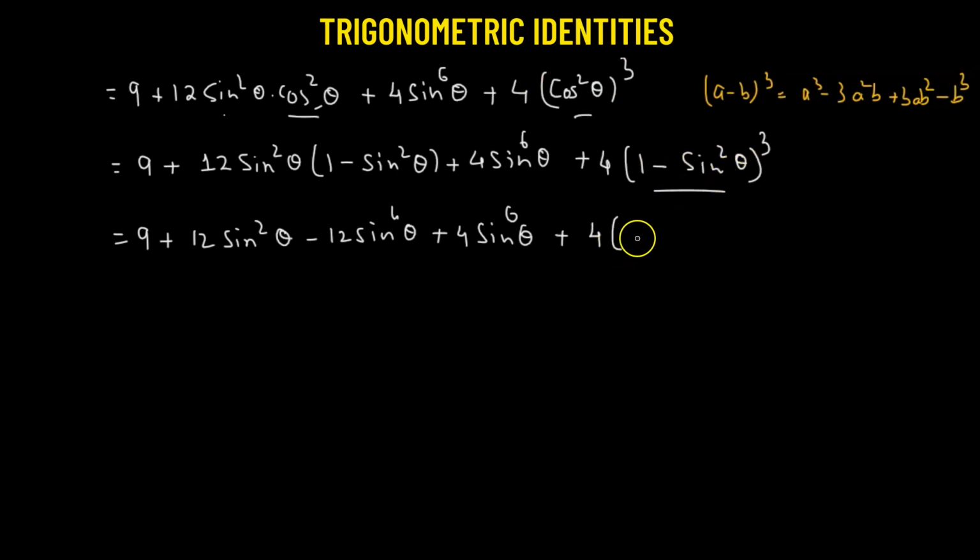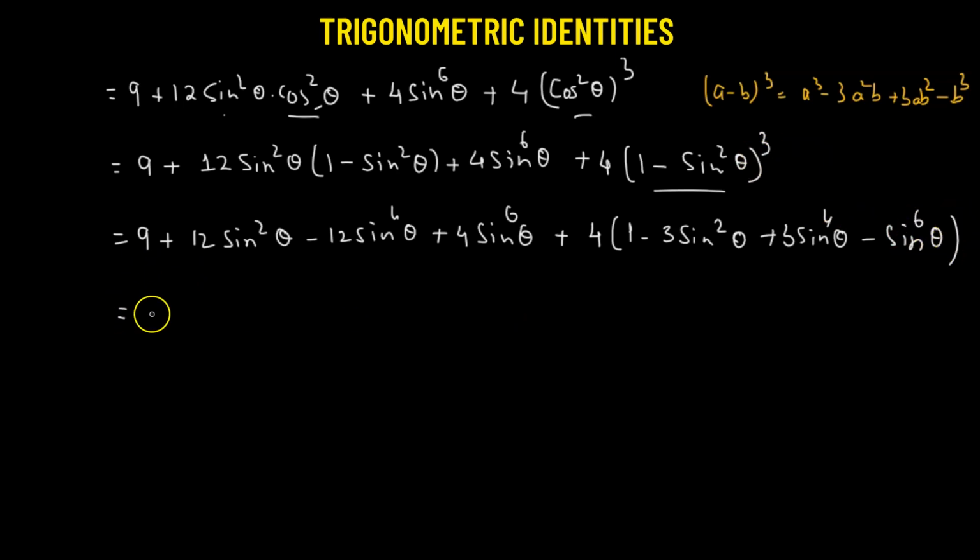So this is going to give us a cube, which is 1, minus 3 times 1 squared times sine squared theta, so that's 3 times sine squared theta, plus 3 times ab squared, so 3 times 1 times (sine squared theta) whole squared. That's going to give us positive 3 sine theta raised to the power of 4. And finally, we're going to get negative (sine squared theta) whole raised to the power of 3, so that's simply sine theta whole raised to the power of 6.